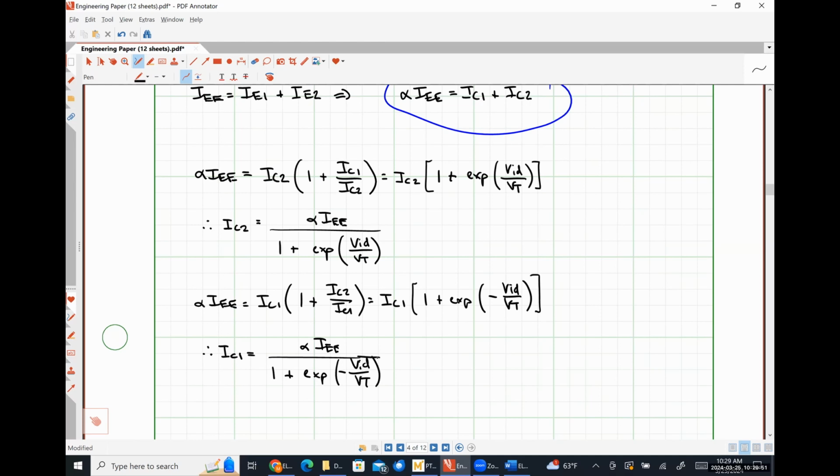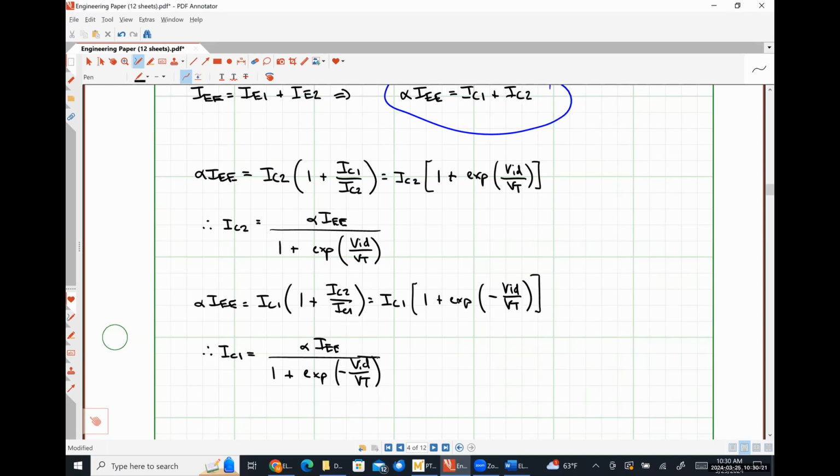Because e to the negative something large, this guy's going to go to 0, and we're going to see that IC1 approaches alpha IEE. When our input differential mode voltage is a negative quantity, the exact opposite is going to happen. So far, the math bears out to match exactly what we have described previously.